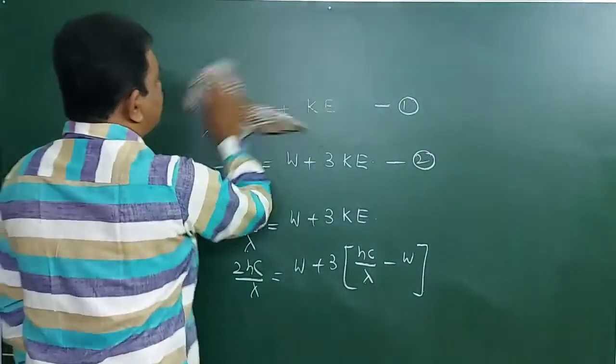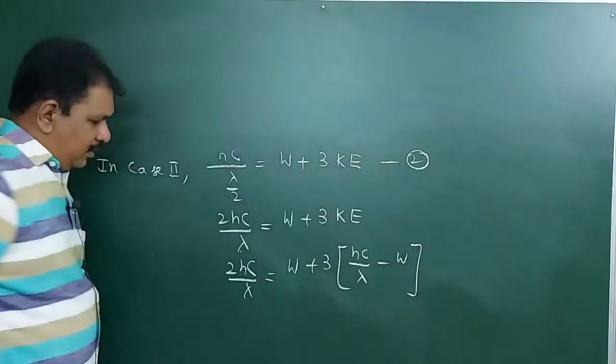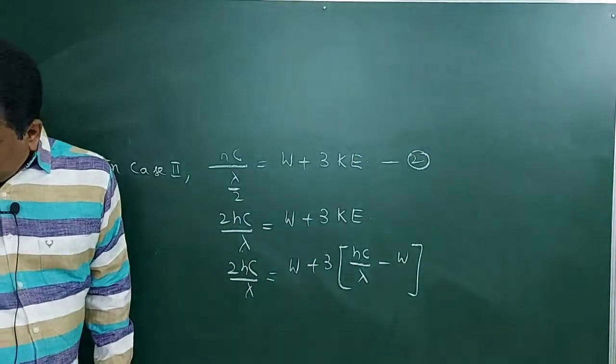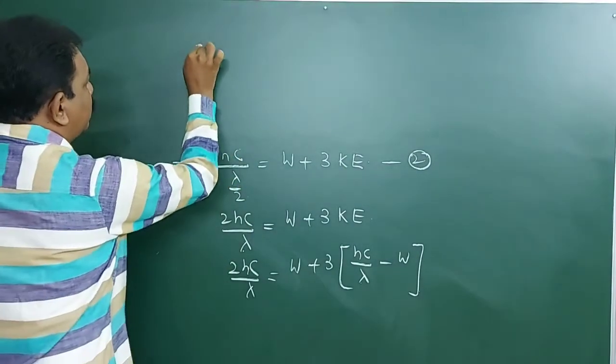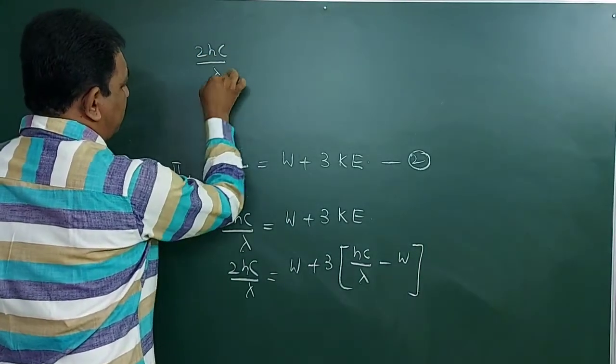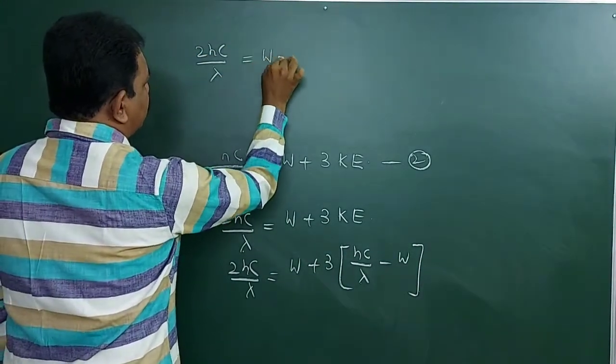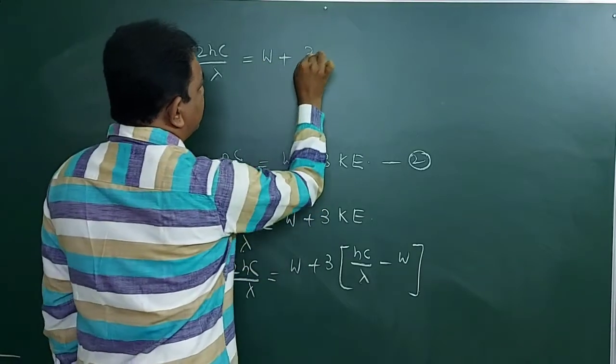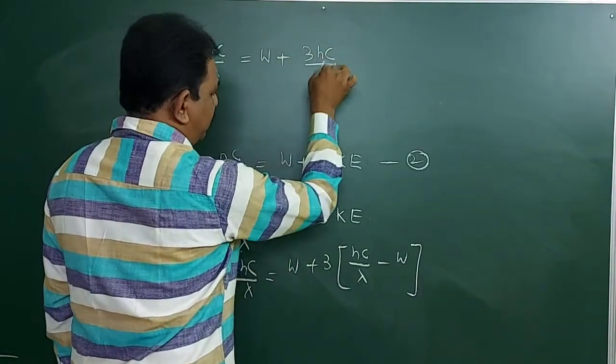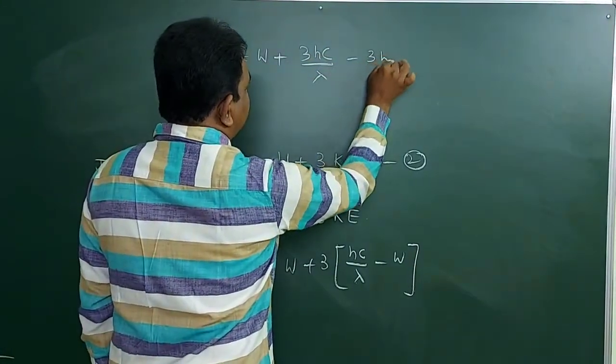So, if we rearrange the terms, 2 Hc by lambda is equal to W plus 3 Hc by lambda minus 3W.